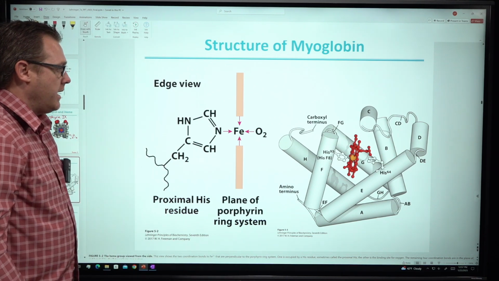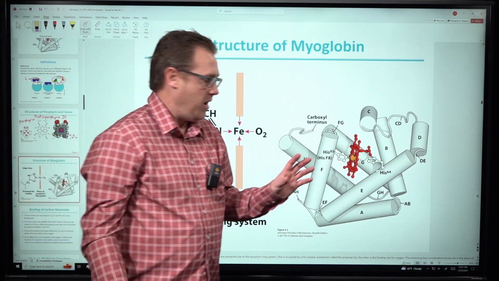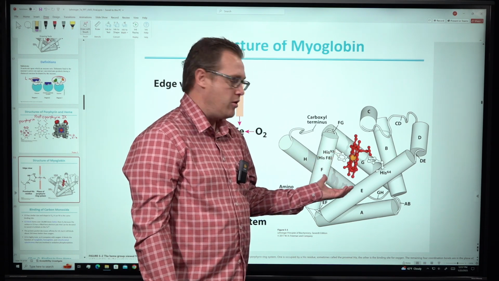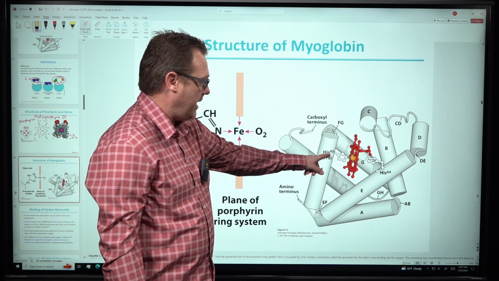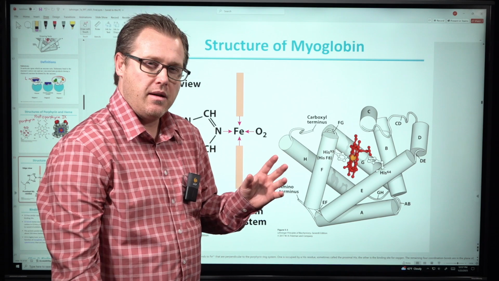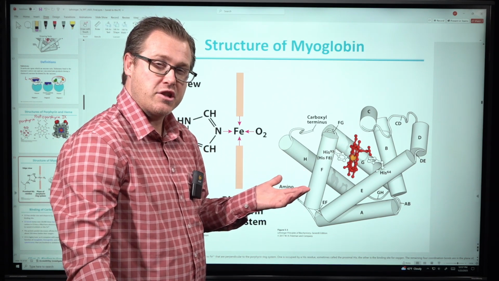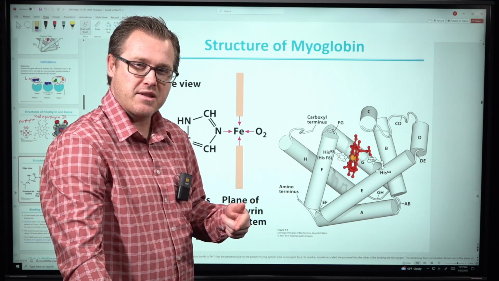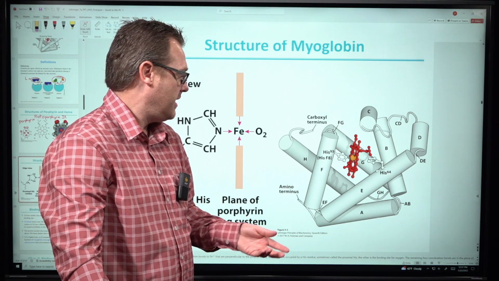And so it's because heme is in myoglobin and this histidine right here takes up the 5th coordination spot and leaves the 6th coordination spot for the oxygen.